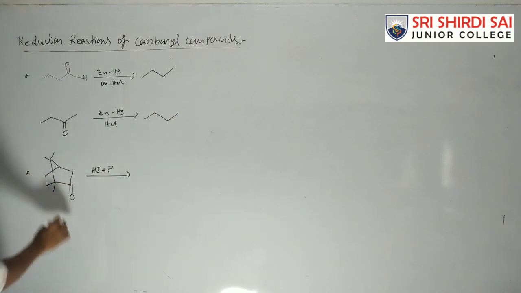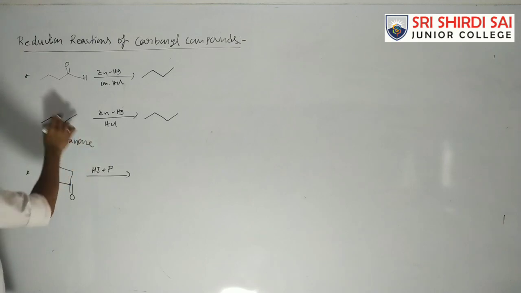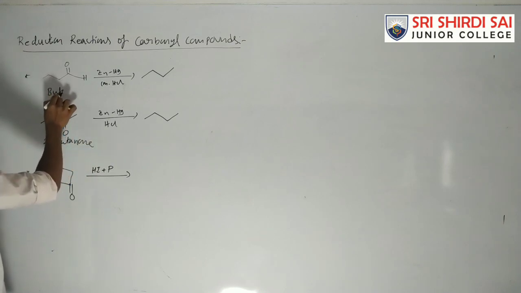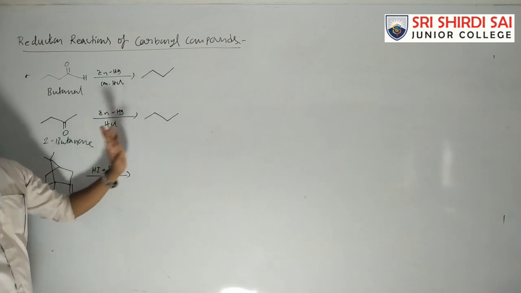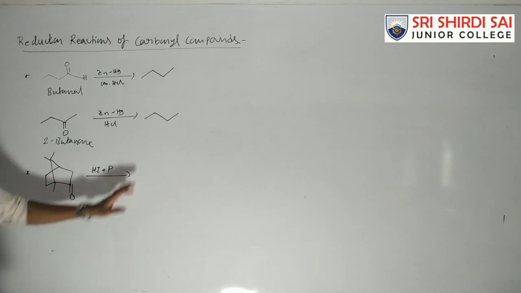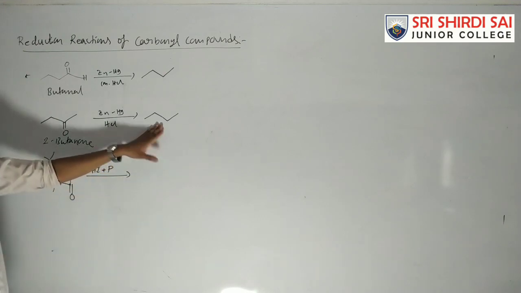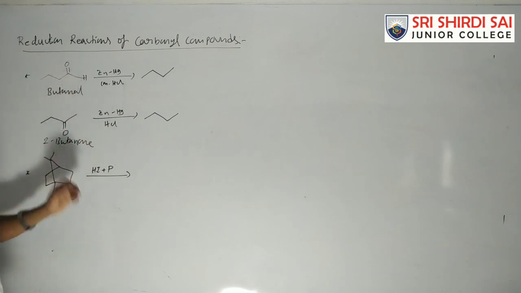That means here it is a 2-butanone and this is a butanal. So whatever the reactant, the product is the same, n-butane. So for the preparation of n-butane there are two possibilities. Either we can take butanal or 2-butanone.